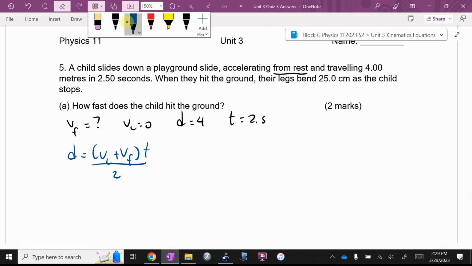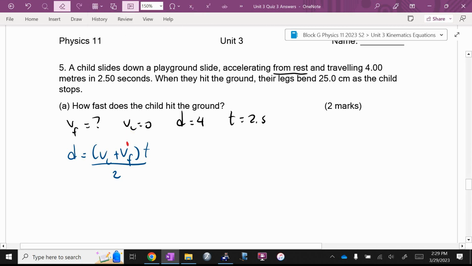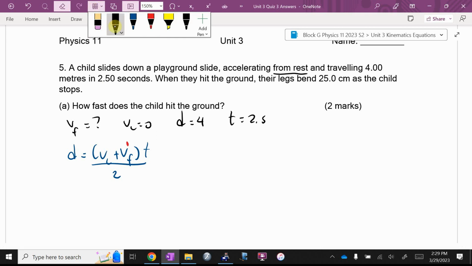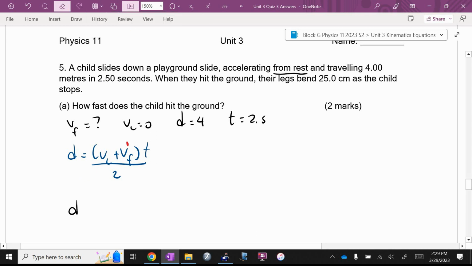I am going to put a dot above the thing I'm trying to get by itself. What's going to drop down like a domino? Good. Then what? I do the brackets last because it's reverse BEDMAS. So I'll take care of the T. What's the T doing to the bracket? So what's the 2 doing to the bracket? So times. And then I have a minus VI.